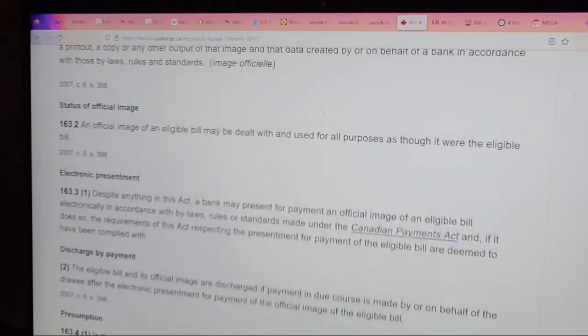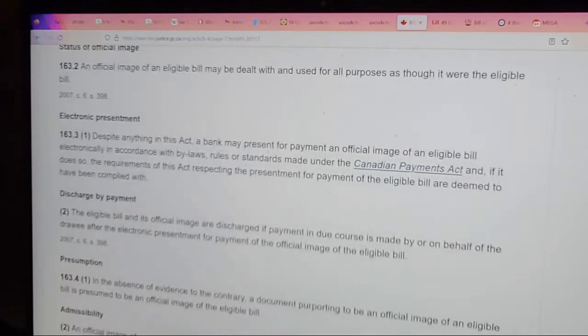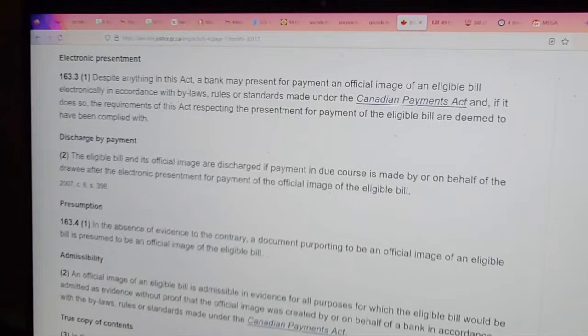Status of official image. 163.2. An official image of an eligible bill may be dealt with and used for all purposes as though it were the eligible bill. Electronic presentment. 163.3. 1. Despite anything in this act, a bank may present for payment an official image of an eligible bill electronically in accordance with the bylaws, rules, or standards made under the Canadian Payments Act, and if it does so, the requirements of this act respecting the presentment for payment of the eligible bill are deemed to have been complied with.